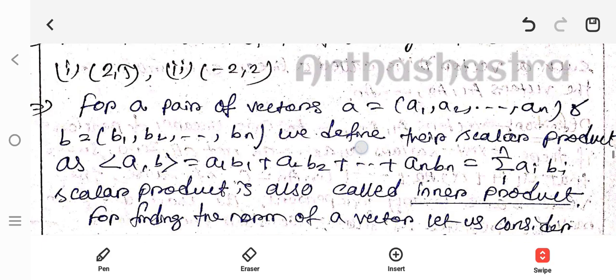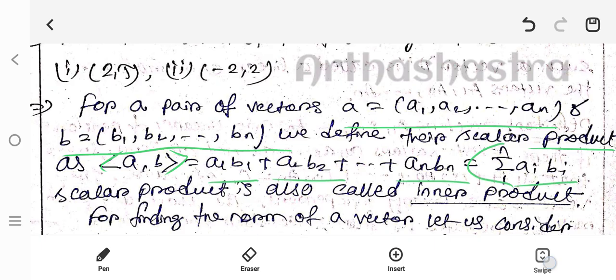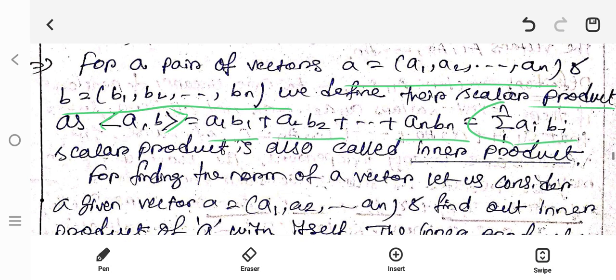For a pair of vectors a and b, we define their scalar product by multiplying the corresponding elements from the two vectors: a1 b1 plus a2 b2 plus up to an bn. We can denote this by the summation from 1 to n of ai bi. This scalar product is also called the inner product.